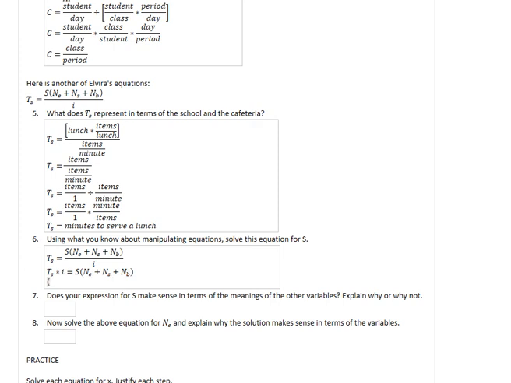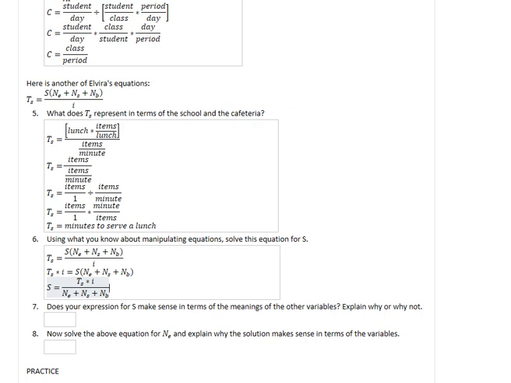Here's what we end up with, and it's a bit of a monster. S equals, on the top we have T sub S times I, divided by N sub E plus N sub S plus N sub B, and that's it.